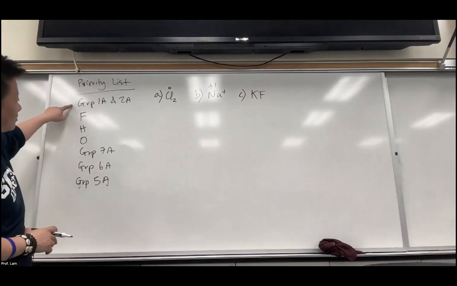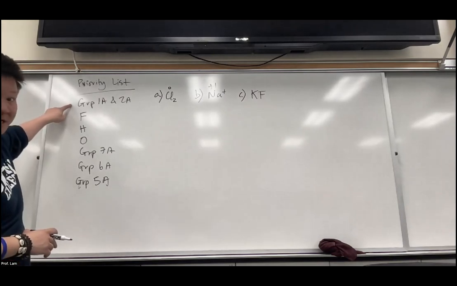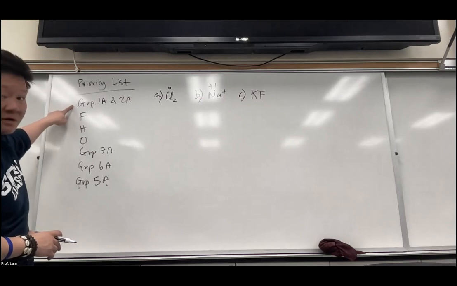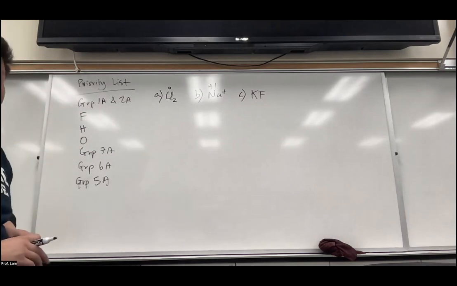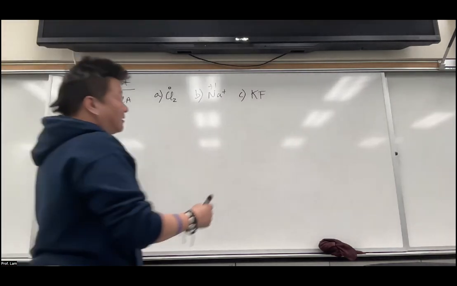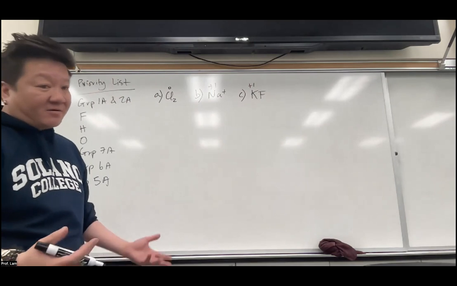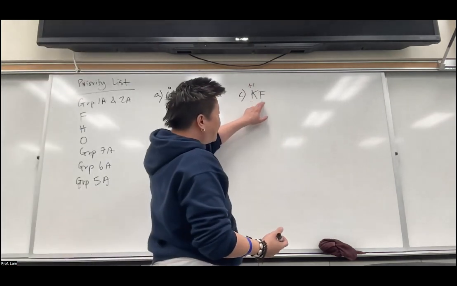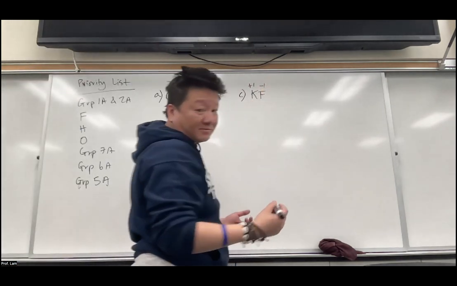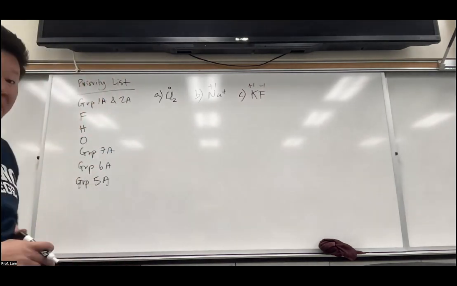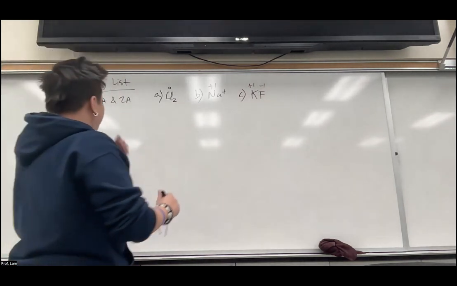Remember, metals in group 1A and 2A take precedence, so assign those first. K is in group 1A, so it's going to get a +1. And since this is +1, this has to be -1. And that fits with fluoride being -1.